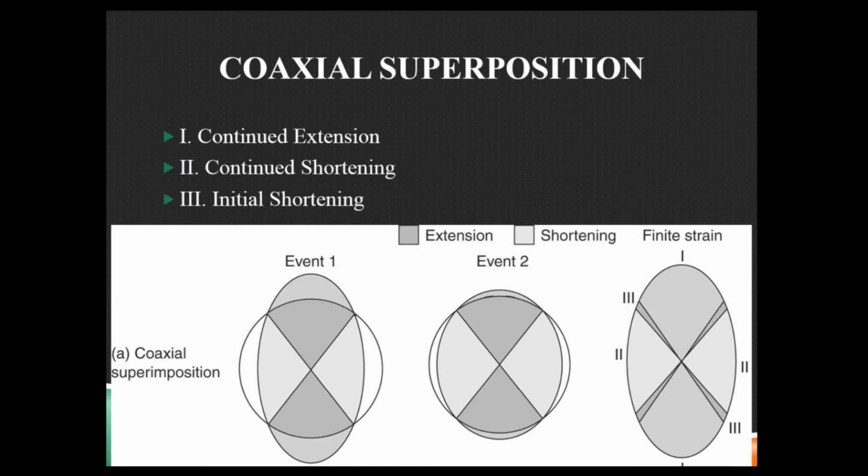We have 2 events. The first event had quite a bit of vertical extension and horizontal compression. The second event was also coaxial with a little vertical extension and a little horizontal compression.